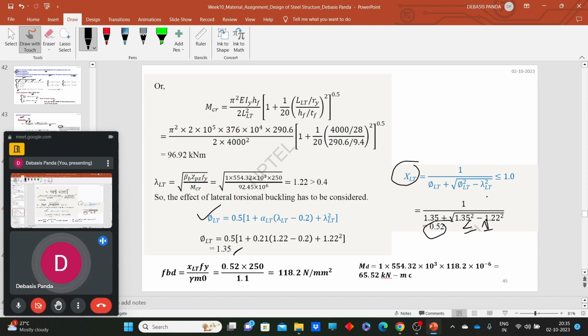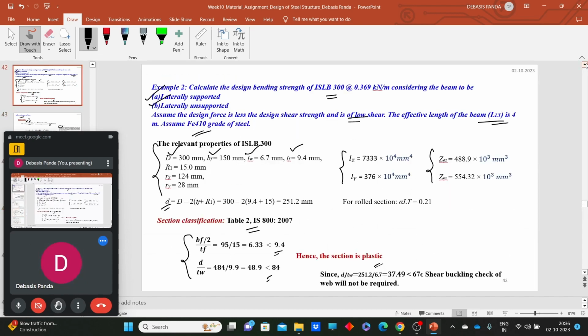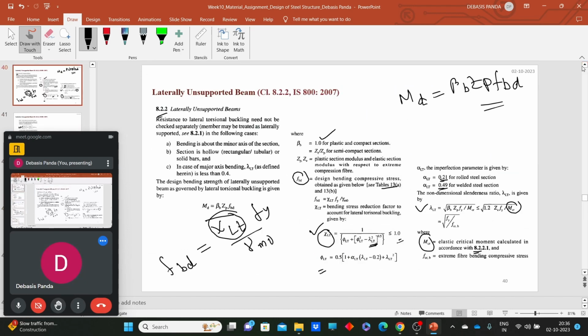Now when we have the value of chi LT, we can calculate the fbd value. fbd is nothing but chi LT fy by gamma m0. That comes as 118.2. Now when all the values are provided, we can calculate the value of Md as beta b Zp into fbd.